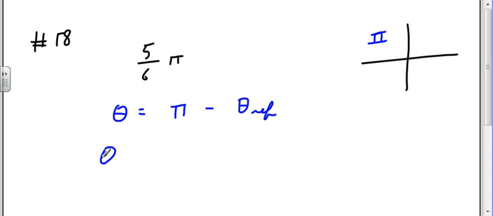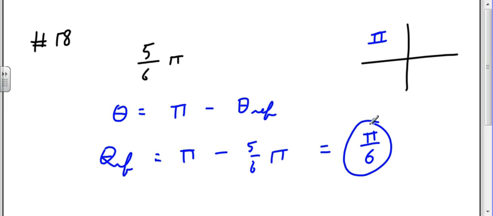So the reference angle is pi minus 5 over 6 pi, also known as 1 over 6 pi. Pi over 6. All right, that'd be good. Pi over 6. Okay.